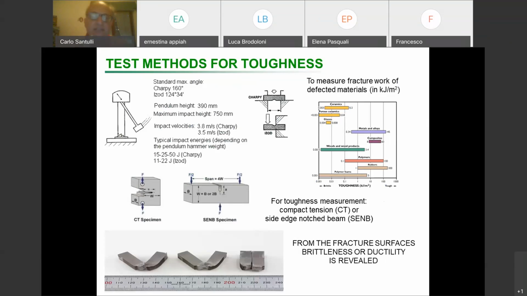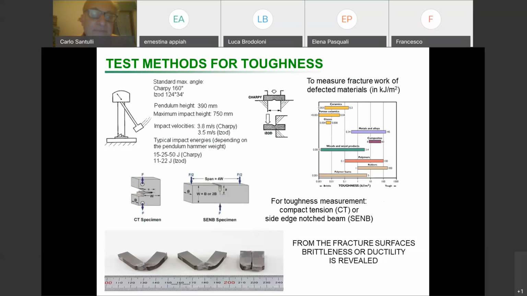Then you have the so-called Charpy and Izod impact tests, which give you another piece of information, not just a toughness measurement, but the fracture work of defective materials. You may easily imagine that in historical terms, Charpy and Izod impact tests were developed before the compact tension and the SENB because they are much simpler.